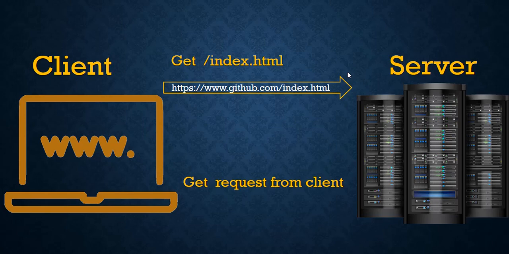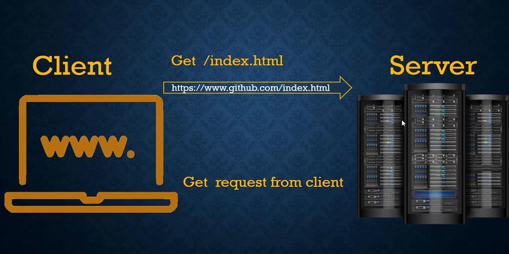What the DNS does is look at the URL, which is github.com, then check the other side for an IP address that corresponds to it. If it gets an IP address that corresponds to it, then the DNS will send that IP address back to your web browser.